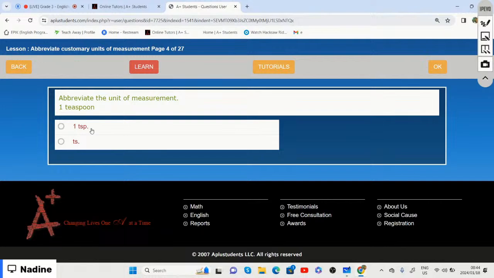So teaspoon. And if you measure teaspoon, it will be option 1, which is TSP, all lowercase.